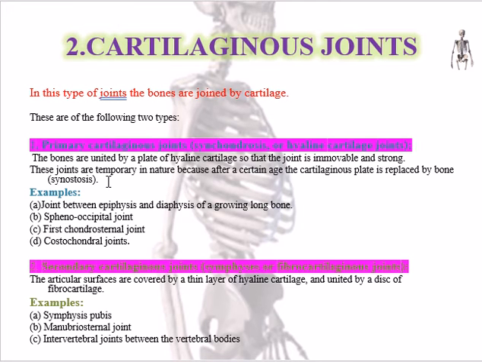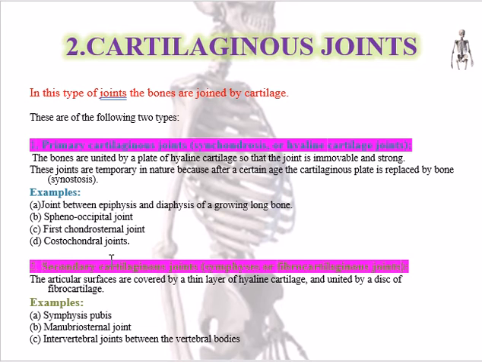These joints are temporary in nature because after a certain age the cartilaginous plate is replaced by bone, called synostosis. Examples: joints between epiphysis and diaphysis of a growing long bone, spheno-occipital joint, first chondrosternal joint, and costochondral joints.